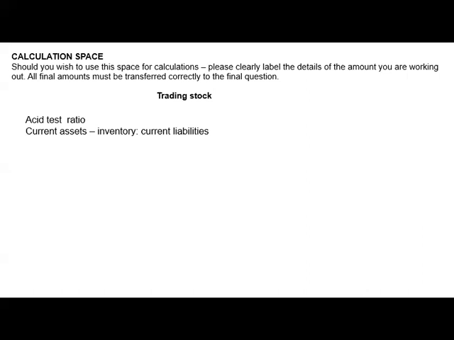How much are they? First of all, I need to check. They want us to calculate trading stock for when exactly?